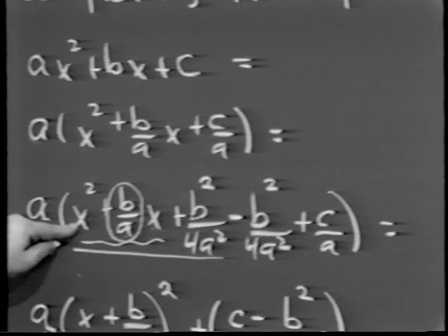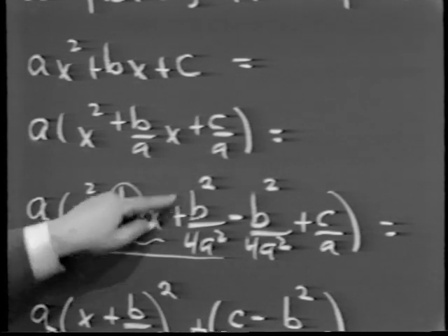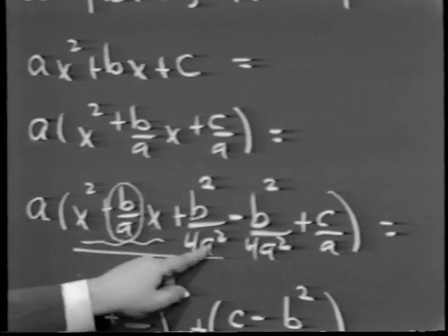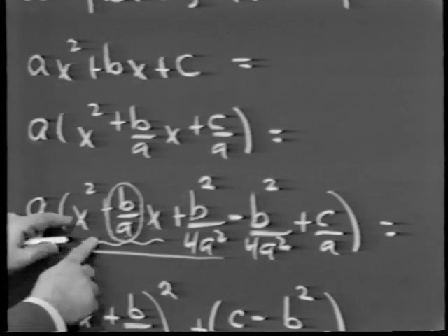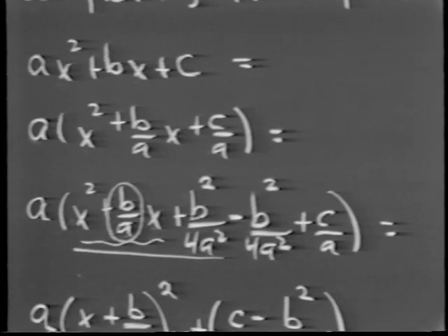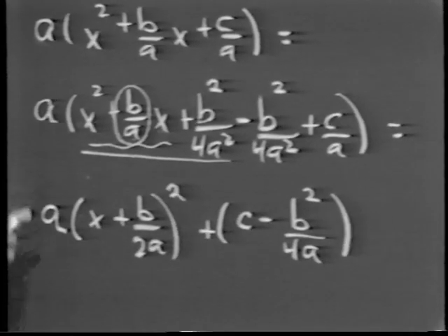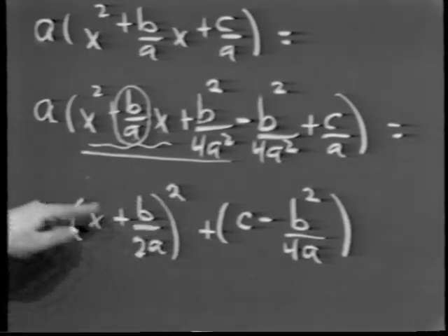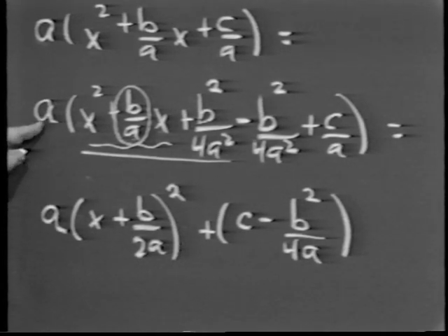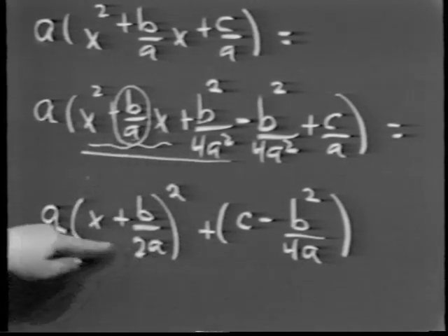In fact, what is x squared plus b over a x plus b squared over 4a squared? You'll notice that this is just x plus b over 2a, squared. Just multiply this thing out. You see how this particular thing works. In other words, I can write this as a times a perfect square.